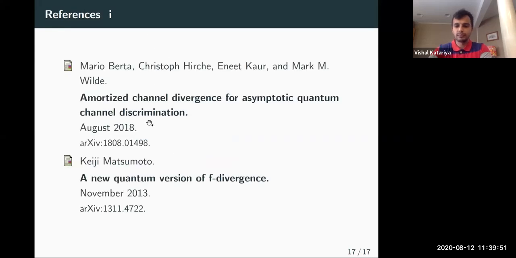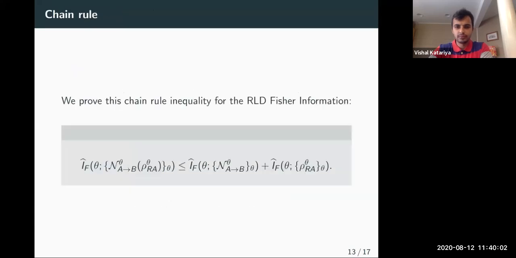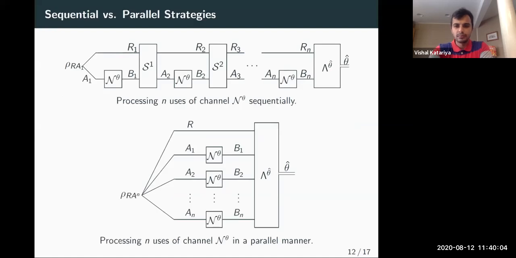You can query multiple times, repeatedly. The most general thing you can do is what Vishal described in that figure. You can do an adaptive operation to try to figure out which channel is there.